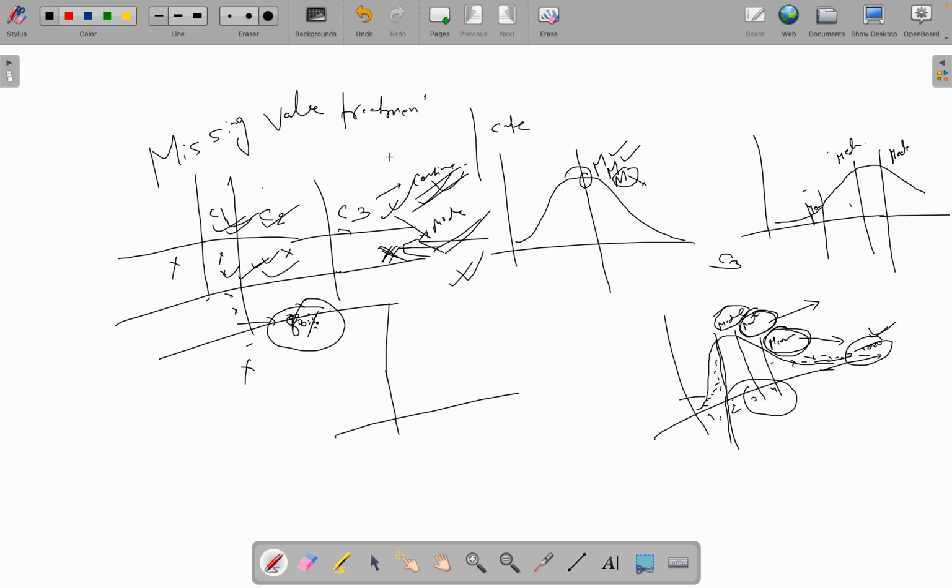Another methods are also there, like KNN and deep learning. So KNN is also an algorithm. KNN is K nearest neighbor. We will talk about this when we talk about the clustering and KNN. So this is also a way of classification, but I will explain this later. And another one is using deep learning.